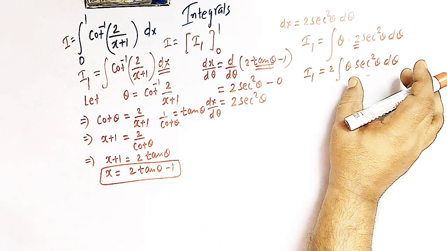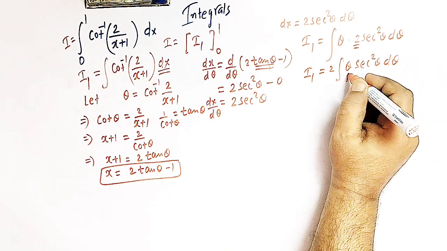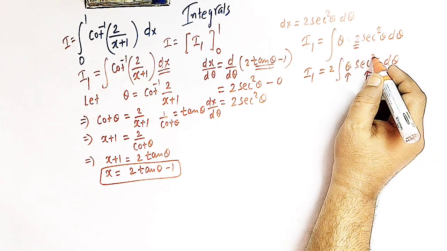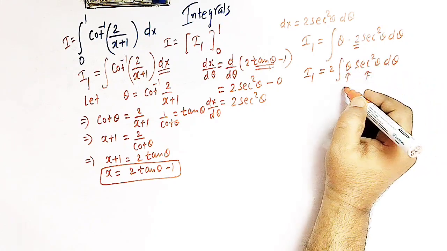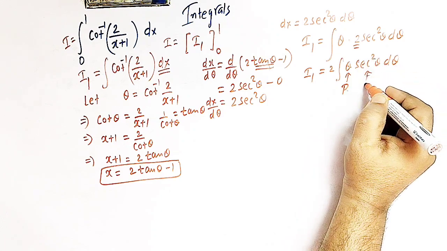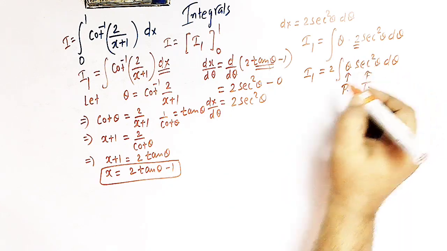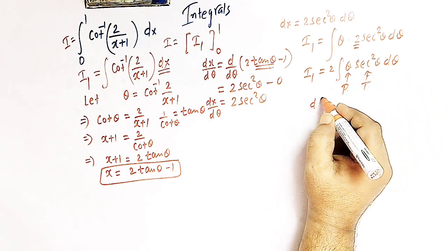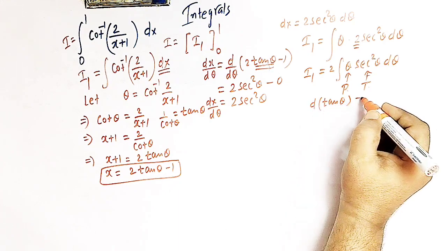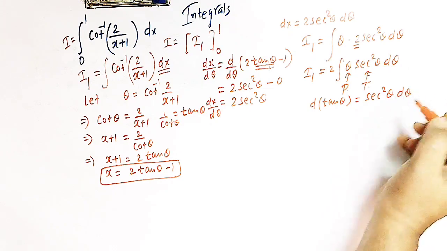So now we have to evaluate this integral, which is the product of two functions, that is theta and secant square theta. Now theta is a polynomial function, and secant square theta is a trigonometric function, right? And we can write d of tan theta, that is the derivative of tan theta, as secant square theta d theta, right?